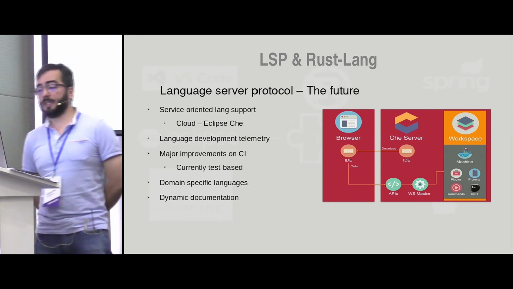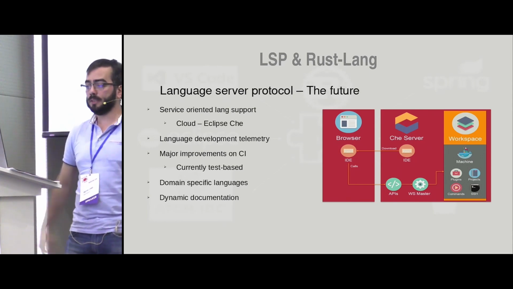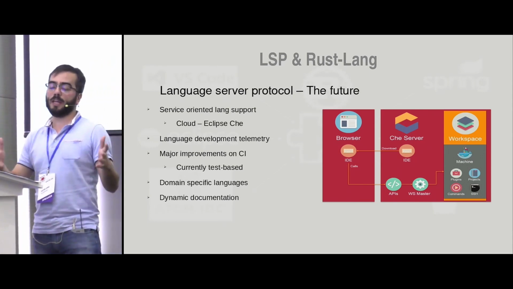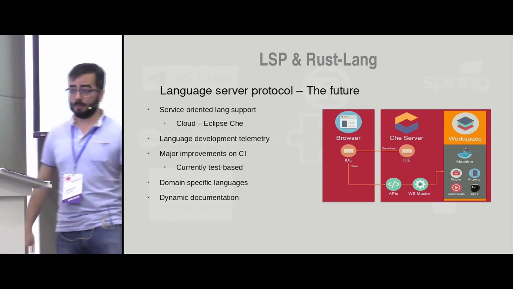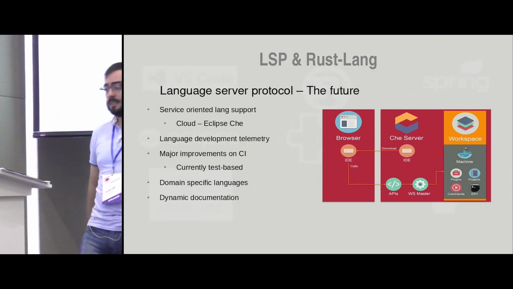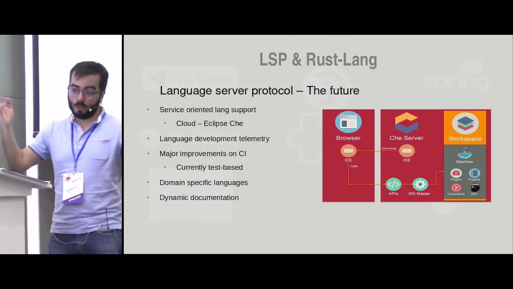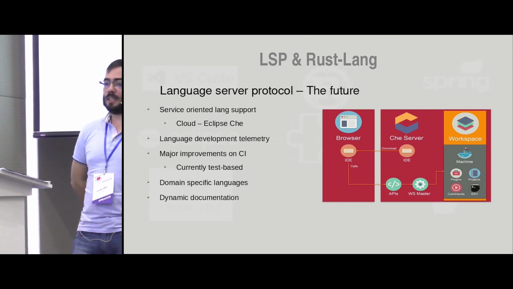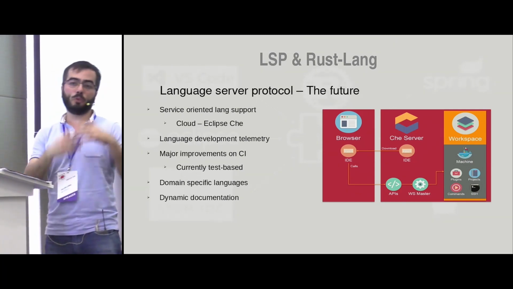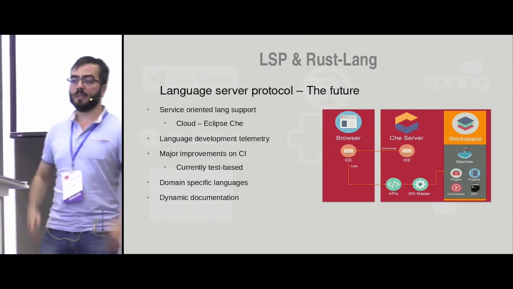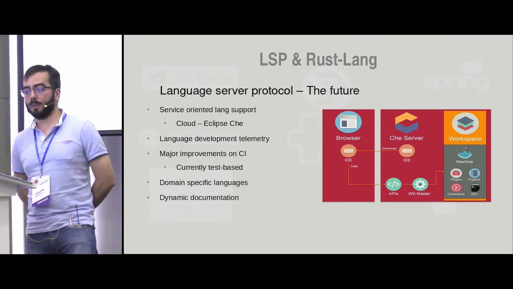We also have the possibility of using some language telemetry. This means that if we're going to change the behavior of the language, like for Rust, for example, we're introducing the 2018 Rust with some breaking changes, like the async keyword. We could understand which projects are using this keyword and somehow interact with this problem.